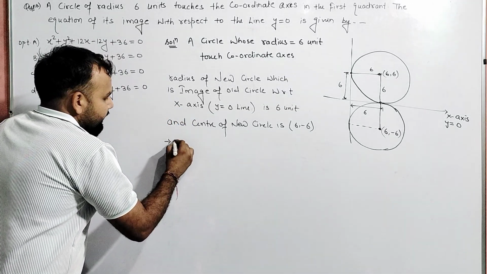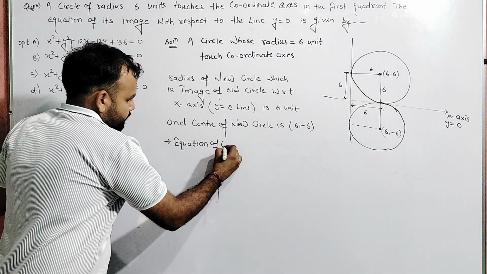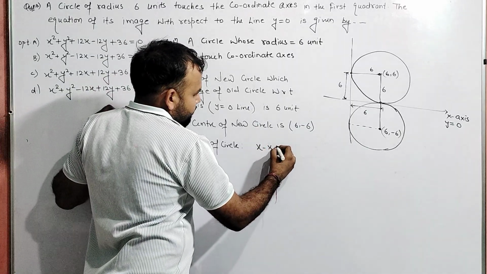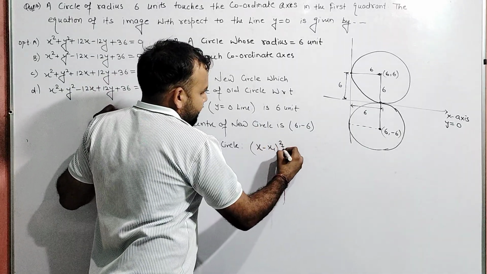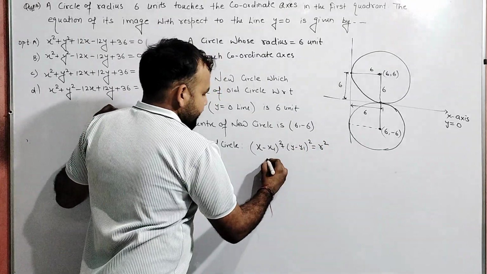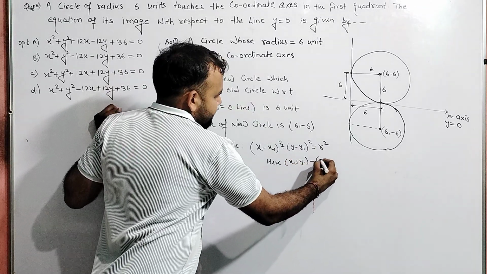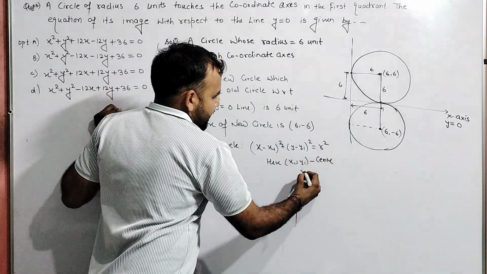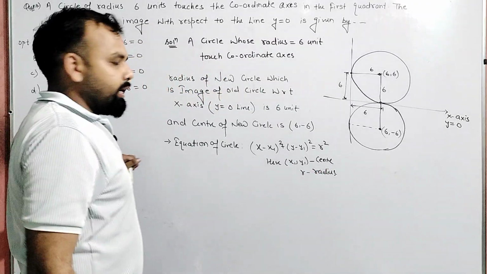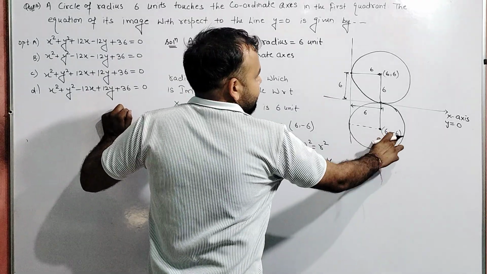We know very well, the equation of a circle is (x minus x1) whole square plus (y minus y1) whole square equals r square. Here (x1, y1) is the center, r is the radius. So student, we can put in the values of x1 and y1 of the new circle, that is 6 and minus 6.